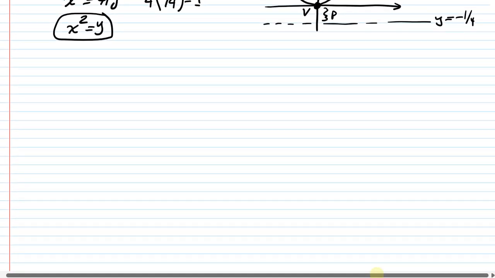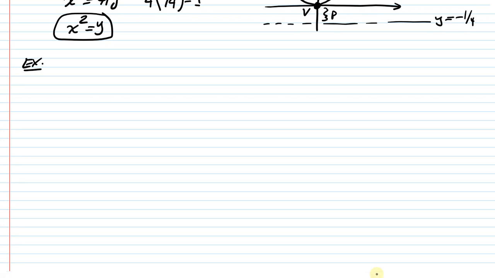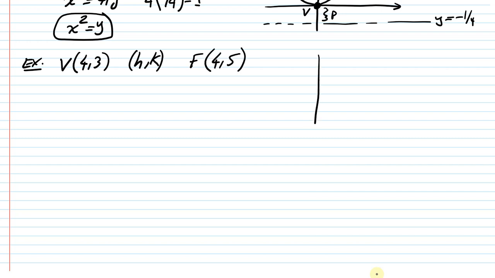How about, let's do another one. Let's say I want to find the equation of a parabola. This time, let's say the vertex is at 4, 3. Remember, that's your h, k. And the focus is going to be at 4, 5. Now let's draw what we have based on this information. Here's x, there's y.